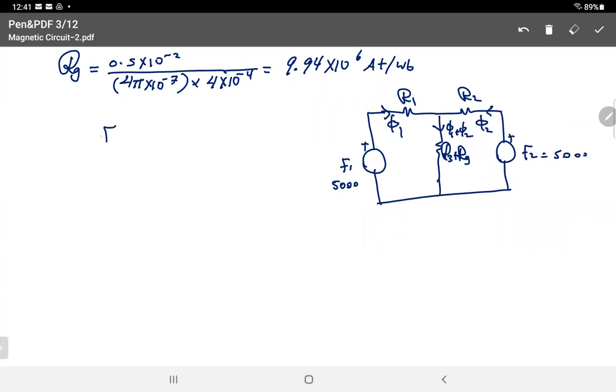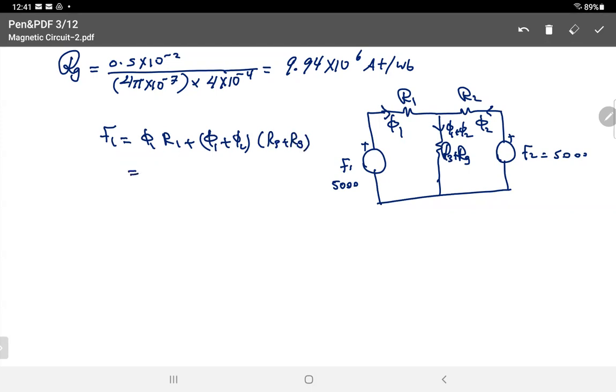You will say that F1, the voltage, is equal to phi 1 times R1, plus the voltage across R3 and RG, which is phi 1 plus phi 2, the current in the resistance R3 plus RG, times the resistance R3 plus RG.